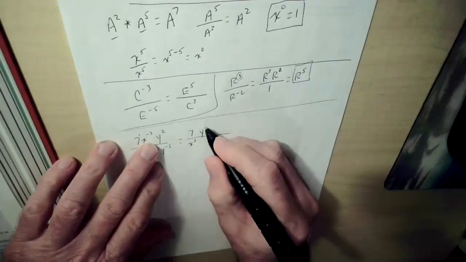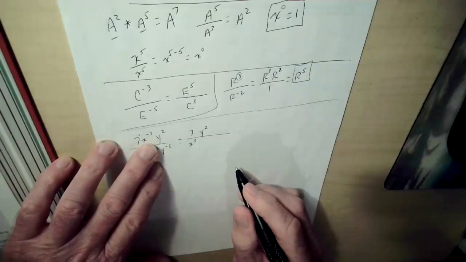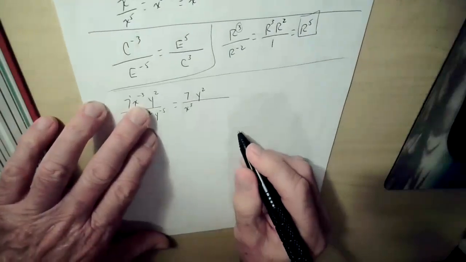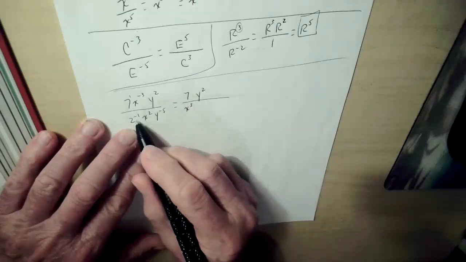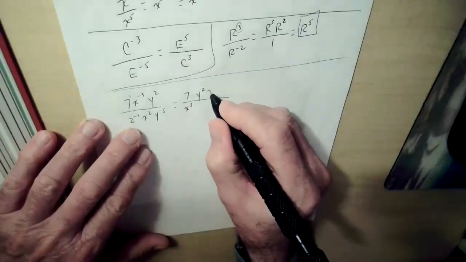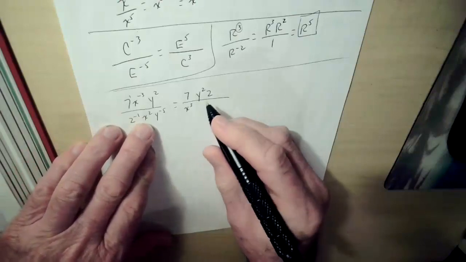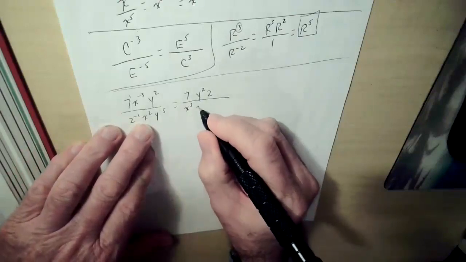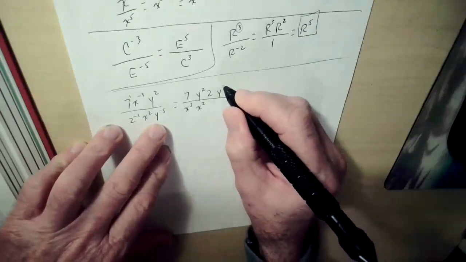Y squared stays on the top in the numerator because it's already positive. Now 2 to the minus 1, it goes to the top and becomes positive. X squared stays on the bottom because the exponent is positive. And y to the minus 5 goes to the top.